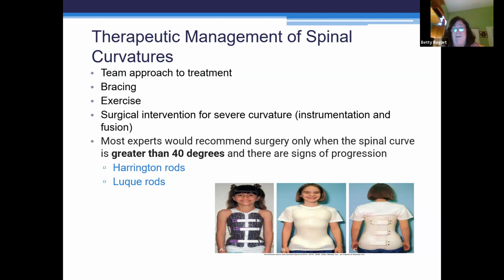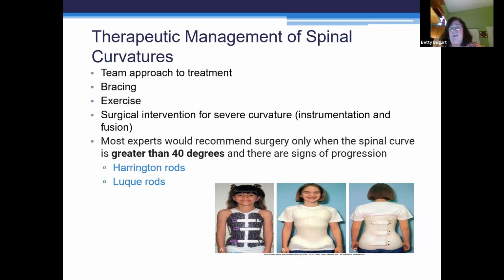And again, 23 hours a day, that must stay on that child. There is a cotton shirt underneath, and again, no lotions, no powder underneath there. When they take it off to take their shower once a day at that 1 hour that they get, they're to inspect, making sure there's no areas of breakdown.